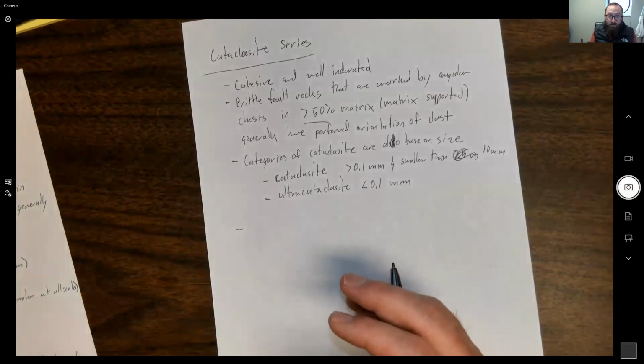Okay, so a unique thing that sets cataclasites and ultracataclasites apart from the Breccia series is that they have this fractal character, meaning they're self-similar at all scales.